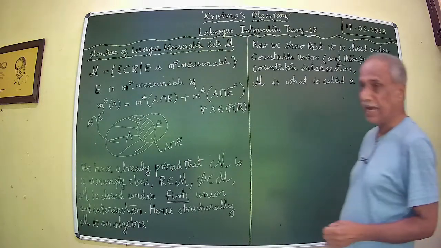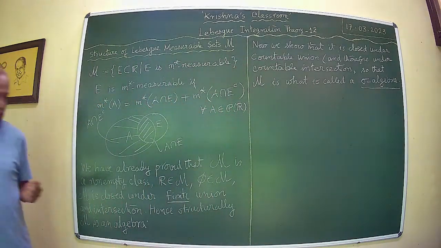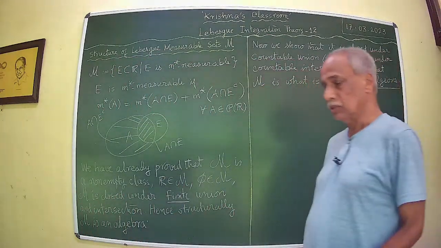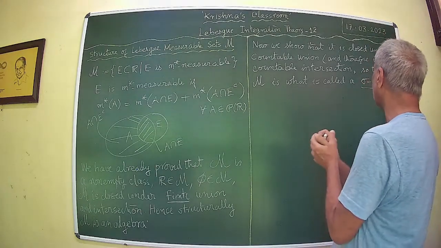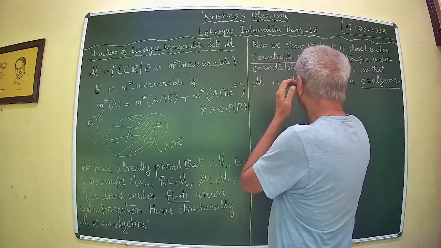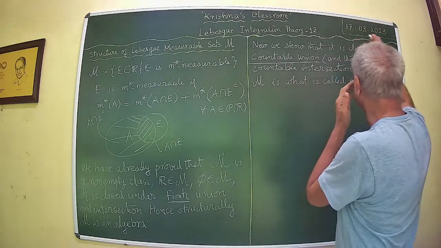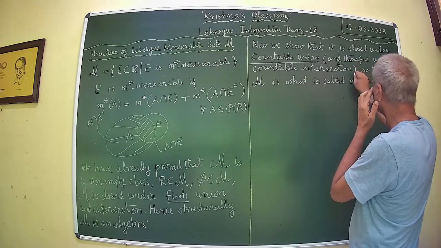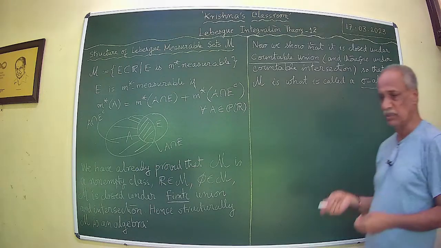And this is the desirable structure that we need to do analysis on. So what is to be proved is that M is closed under countable union, and from that you can deduce that it is also closed under countable intersection. Now let us do that.